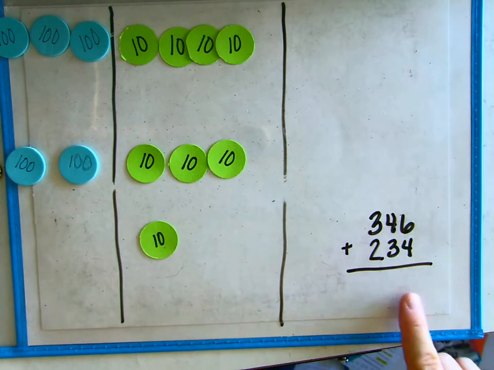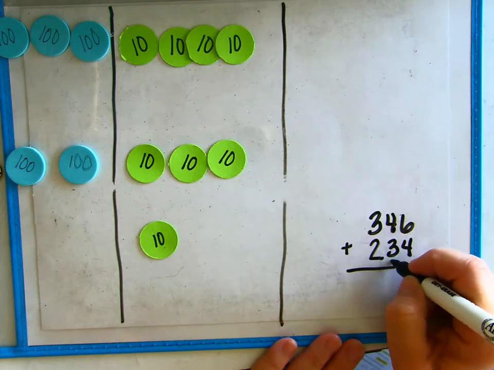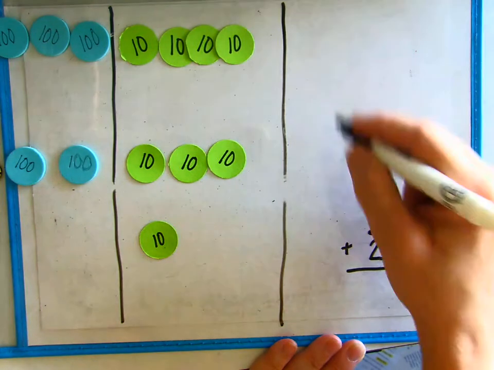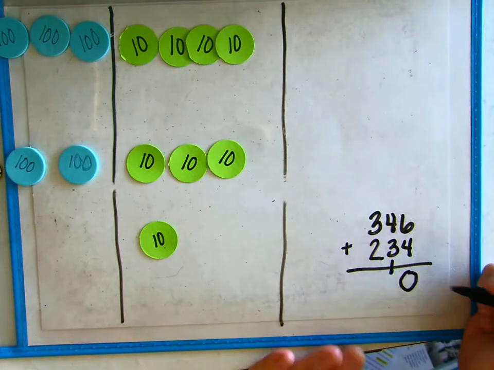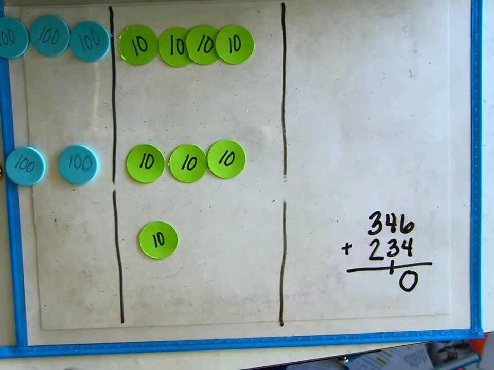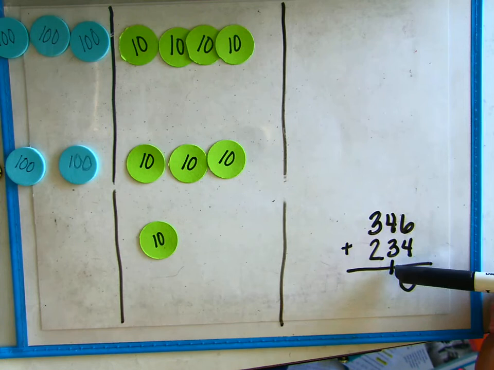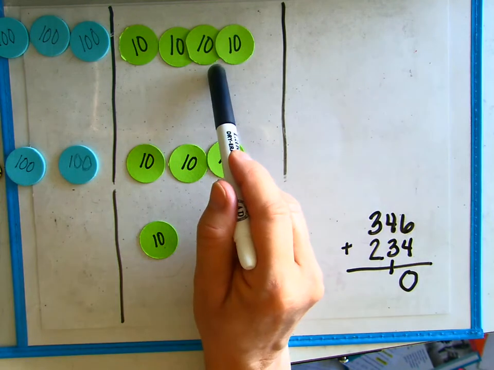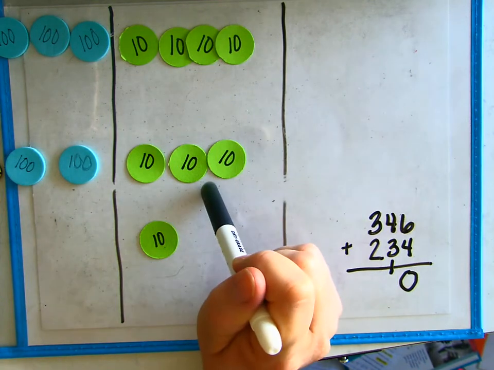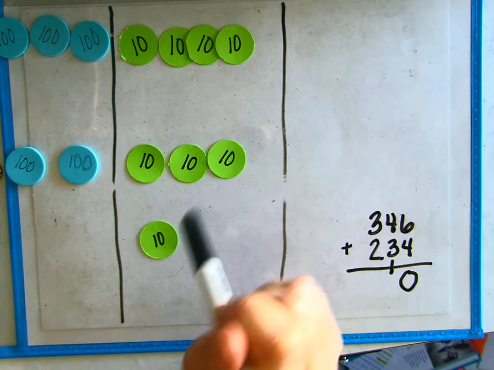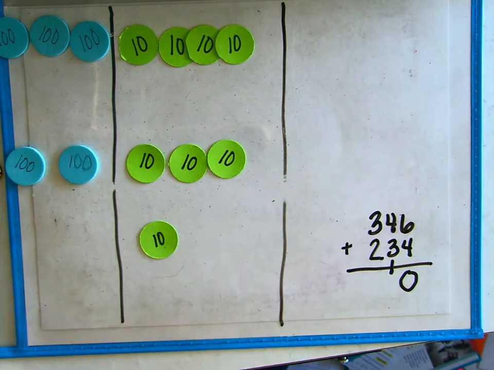I'm going to show that by writing my new group of 10 and no ones left. Then I come to my tens. 4 plus 3 plus 1. 4 plus 3 is 7, and one more is 8.